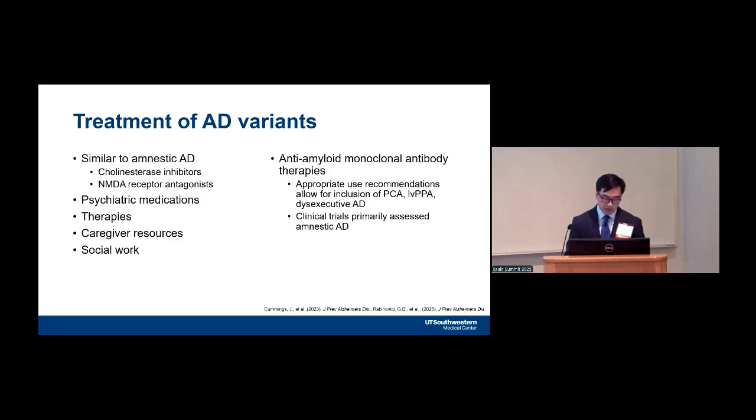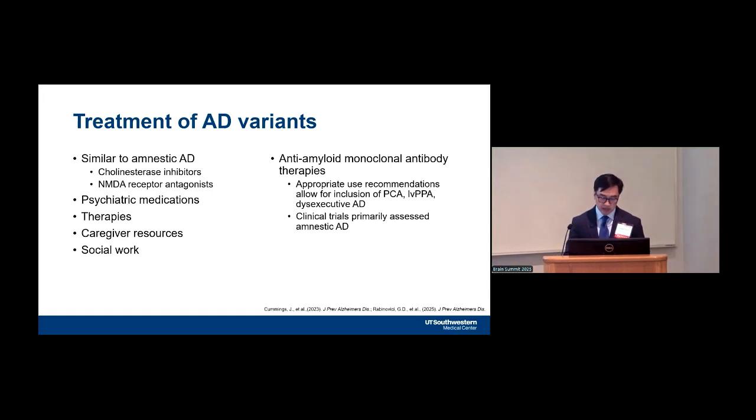They do specifically mention, in the one by Gil Rabinovici, posterior cortical atrophy, the logopenic variant, and the dysexecutive. I think they left out intentionally the behavioral variant Alzheimer's disease because that is going to be a lot harder to distinguish clinically from behavioral variant FTD.